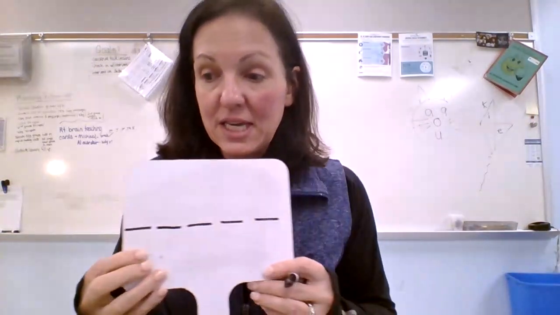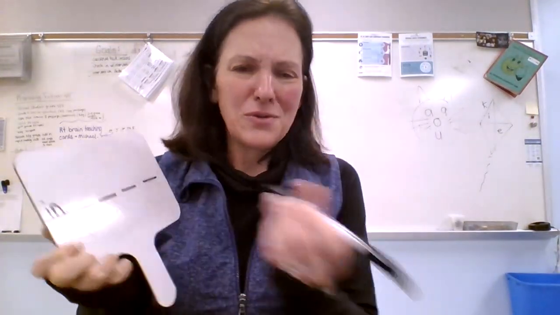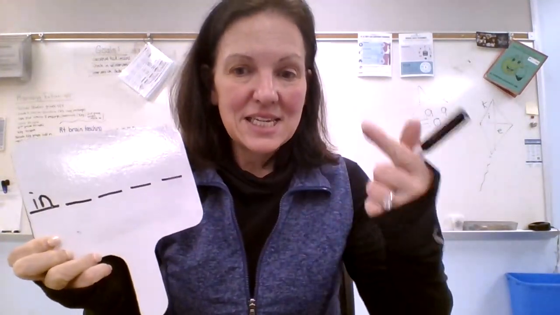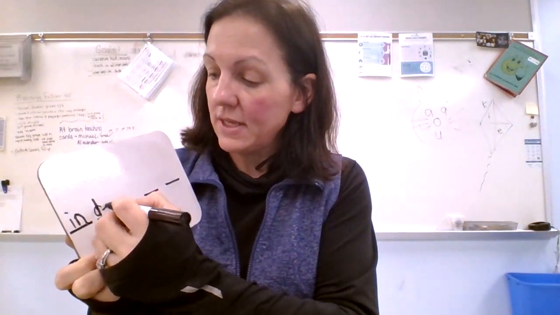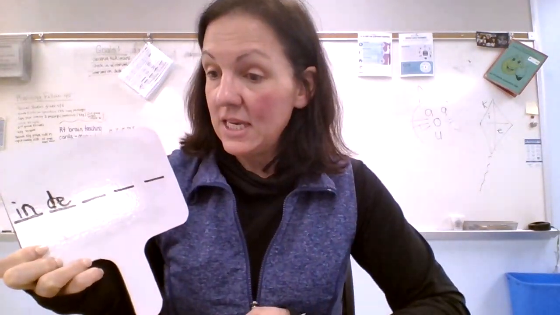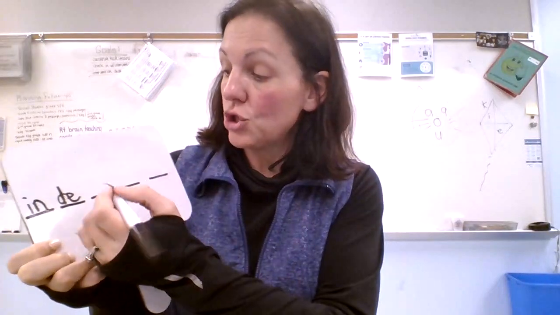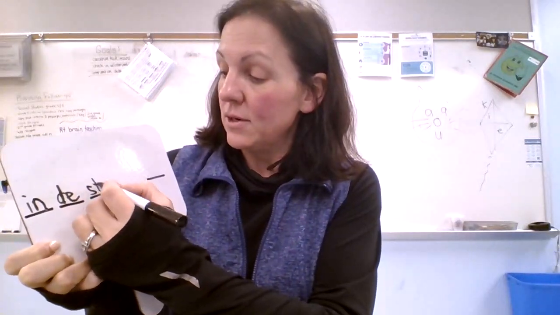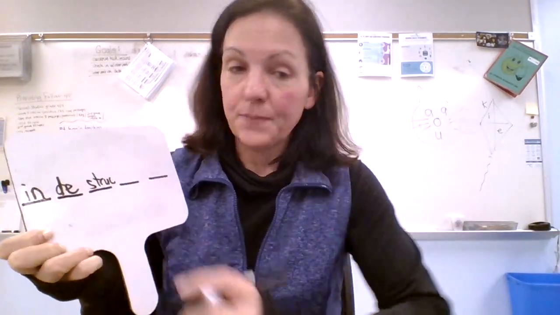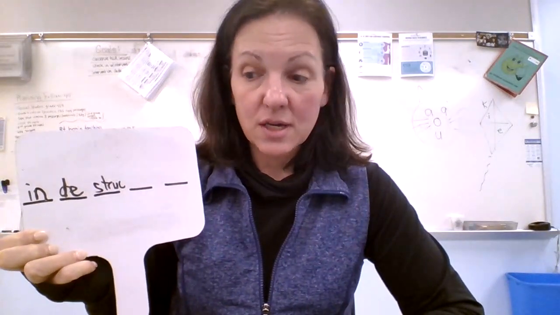What's the first syllable? In. I know the word in. D, D, E. Think about the sounds that you hear. That's an open syllable right there. In, D, oh, sorry, and struck. There's a 3-letter blend.